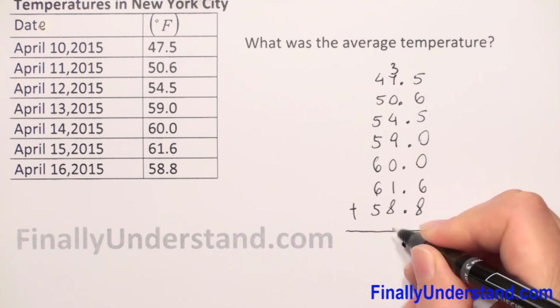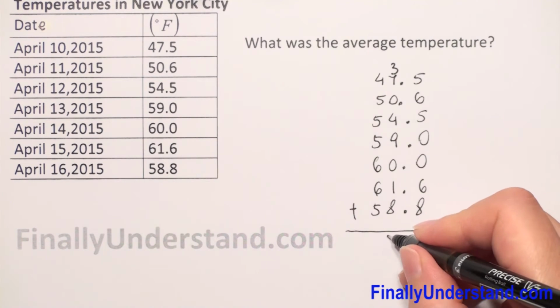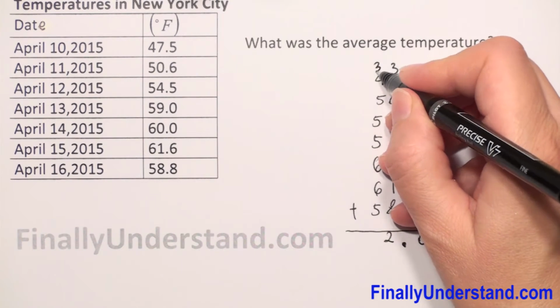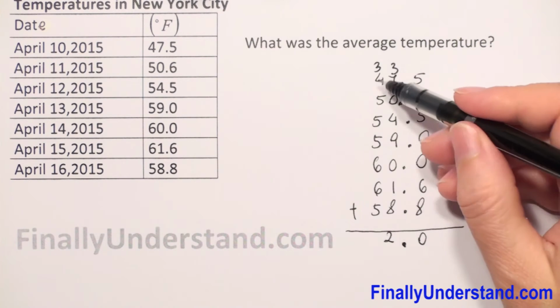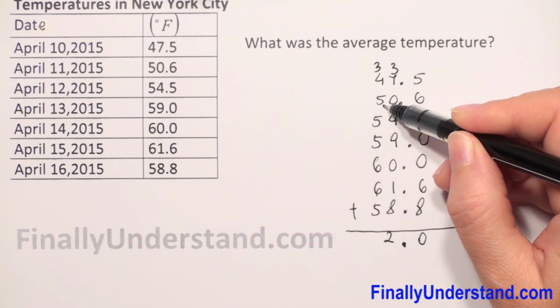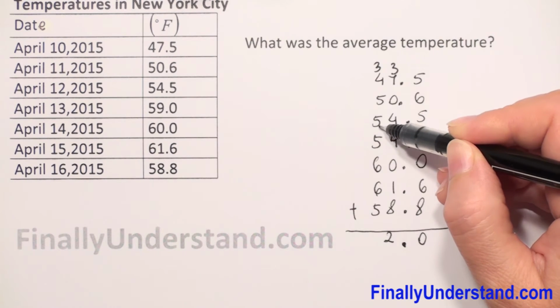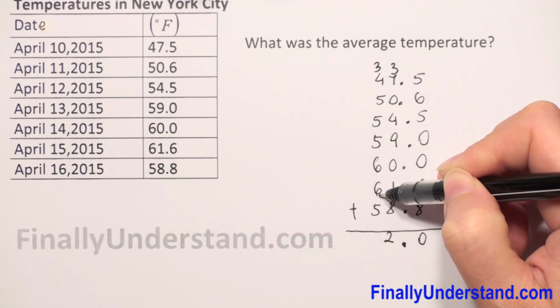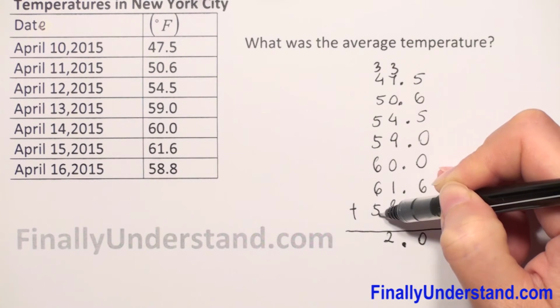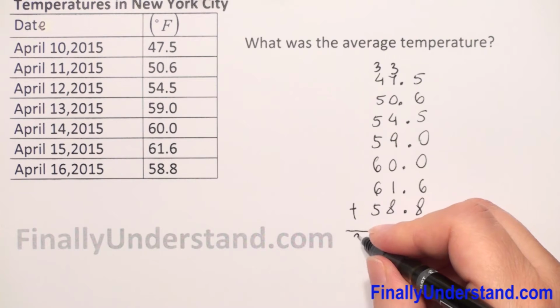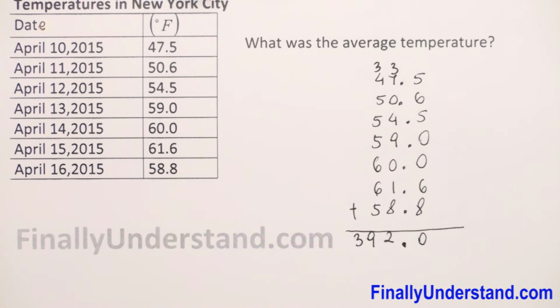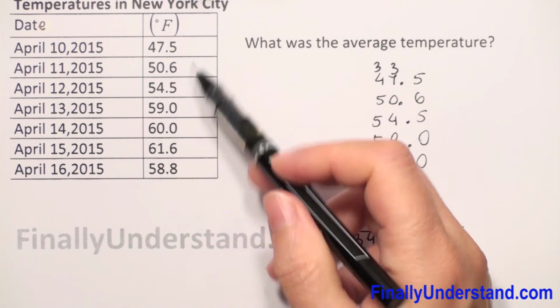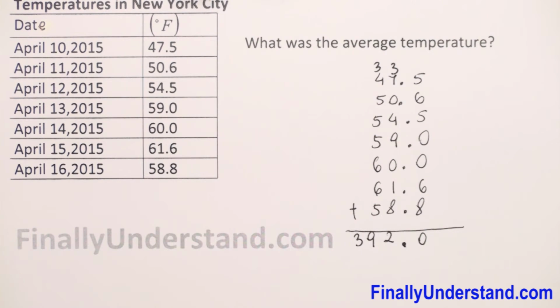We keep the decimal point exactly in the same column, we write 2 and 3 we add to the next column, so we have 7 plus 5 is 12, plus 10 is 22, 28, 34, so it will be 39. And now the sum we need to divide by the number of temperatures.